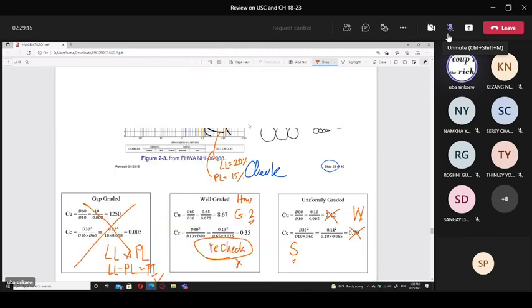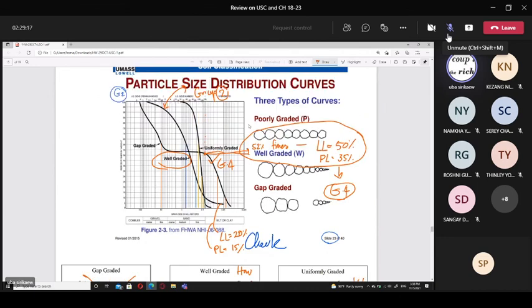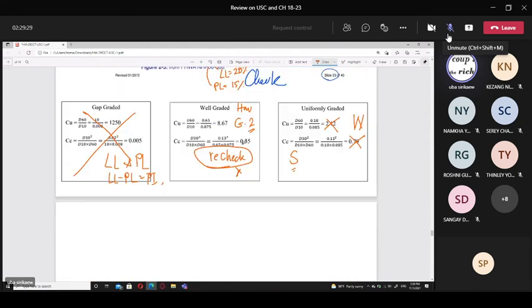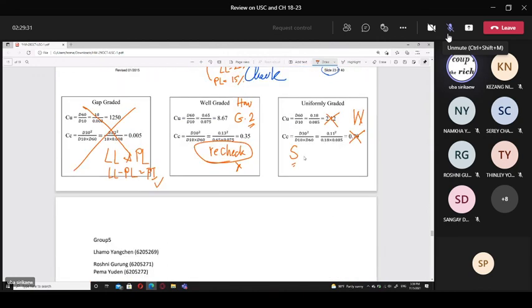And fine particle is smaller than, less than 5%. So you can use following letter P. This is SP correctly.